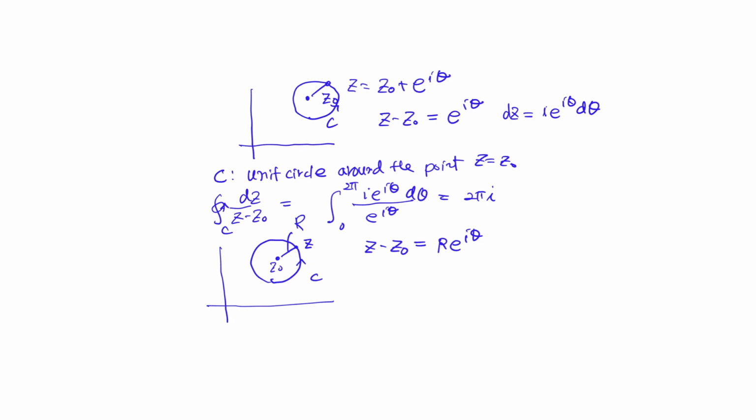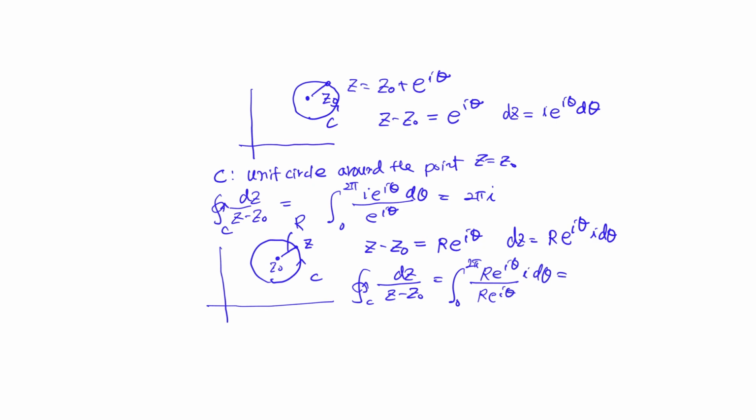So dz is again r exponential i theta, i d theta. The integral over C of (z minus z naught) dz is again from 0 to 2 pi, r exponential i theta, r exponential i theta, i d theta, which is 2 pi i. Right?